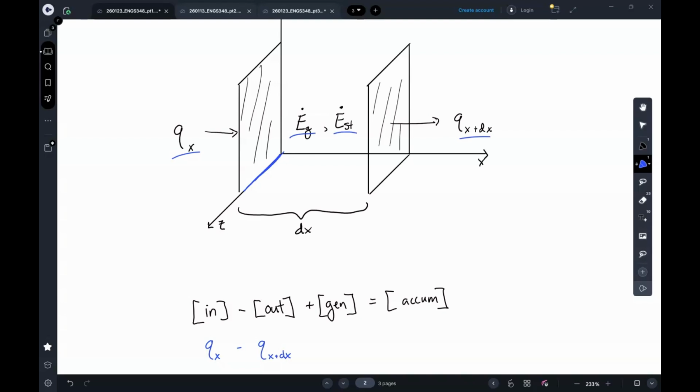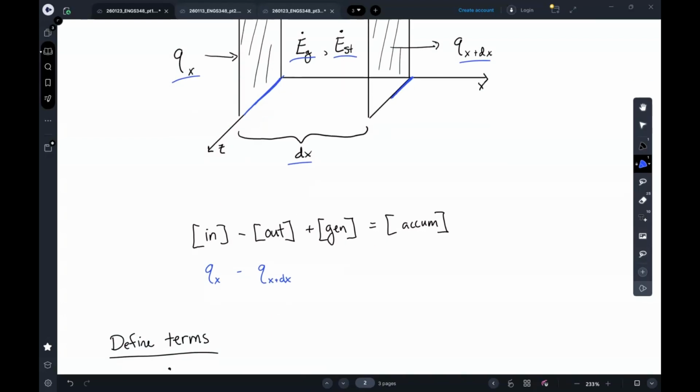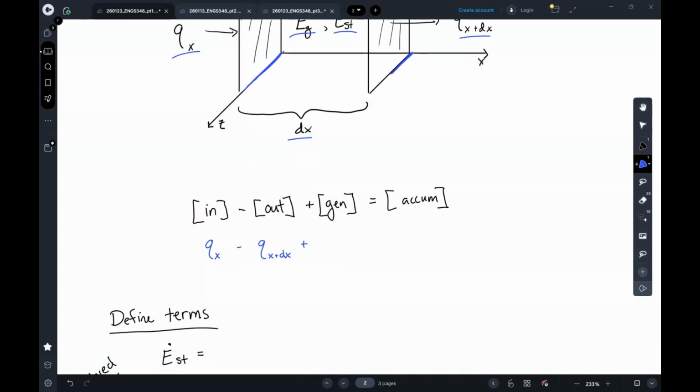This distance from the left side to the right side is exactly dx. So that's why we get this kind of goofy notation of Q at x plus dx. That just means at the right side of our cube. Plus generation, so that's E dot G, equals the accumulation or the stored thermal energy. So there's our heat balance.